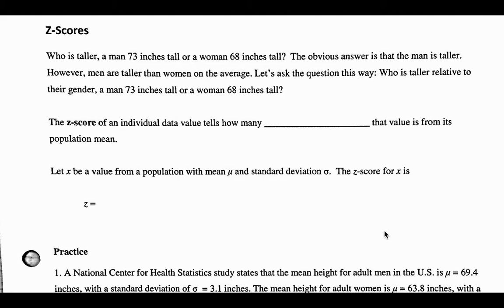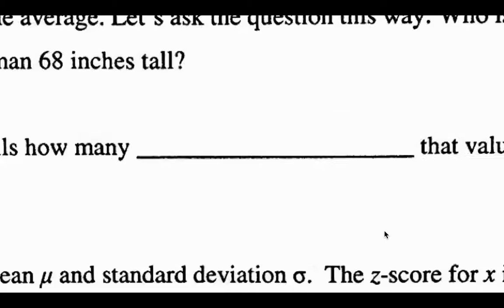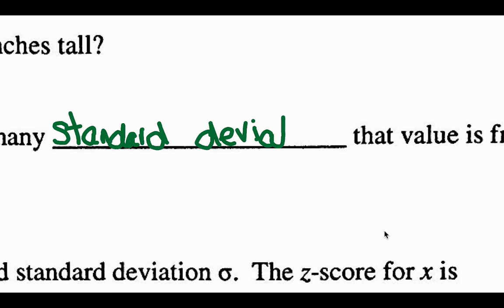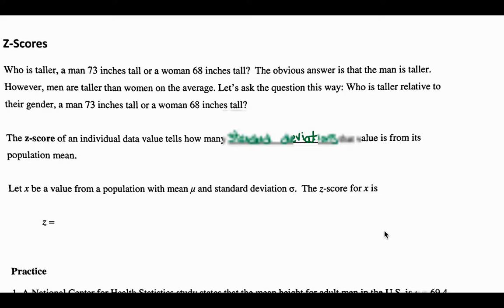So the Z-score of an individual data tells us how many standard deviations. I'm going to zoom in so I can write that out. Told you this would be an important word, standard deviation. That value is from the population mean.